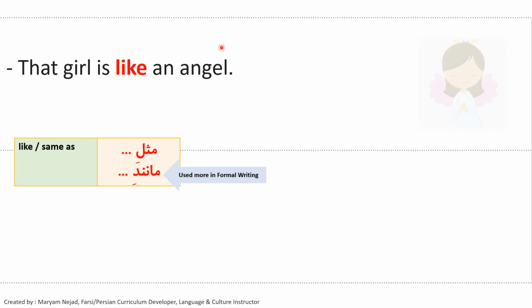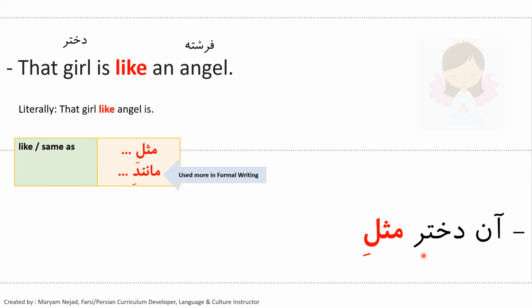Next, we want to say that girl is like an angel. So girl is دختر and angel is فرشته. So we can use either one here. So literally it's like we need to say something like that girl like angel is. So we are going to start with that girl. آن دختر مثل فرشته است.